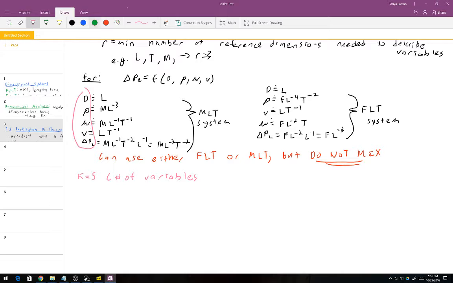Then what about my R? Well, I can see here that I'm going to need L, M, and T. And it doesn't matter whether I look at the FLT or the MLT, there's clearly going to be all three of them here. So R will be equal to 3, which is the number of reference dimensions.